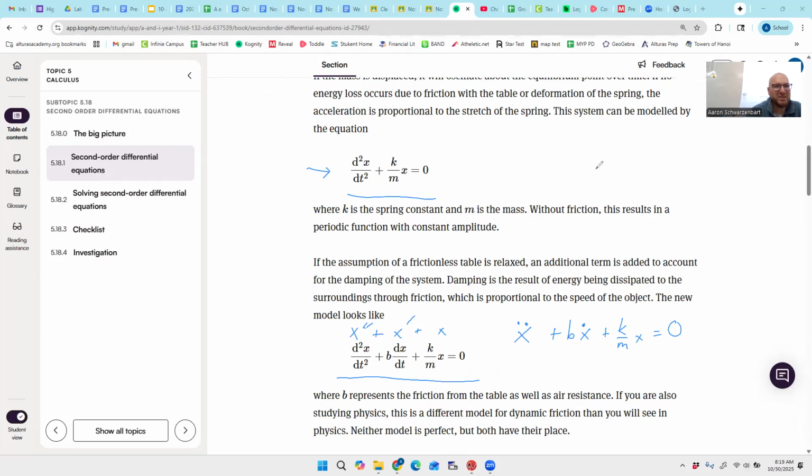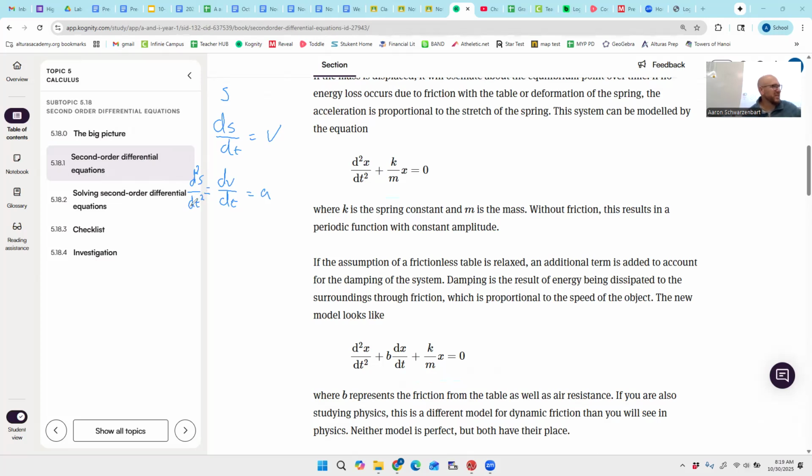We're going to essentially use something that involves, we know that s is position, right? And ds/dt is velocity, correct? And dv/dt is acceleration. And check this out: the second derivative of position is acceleration, correct?